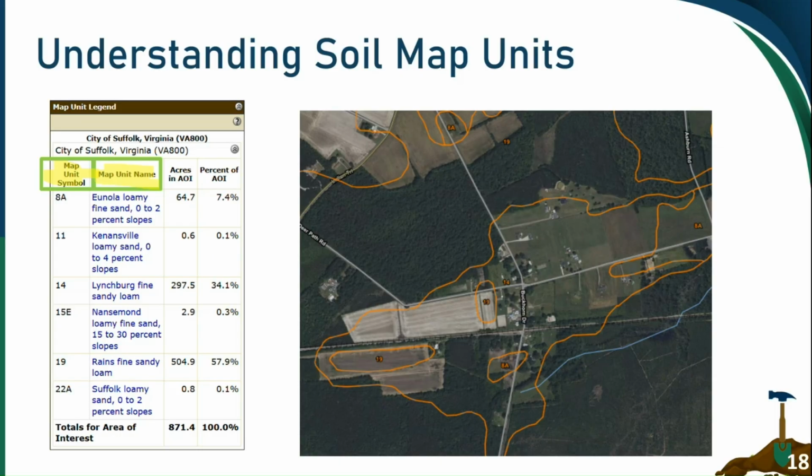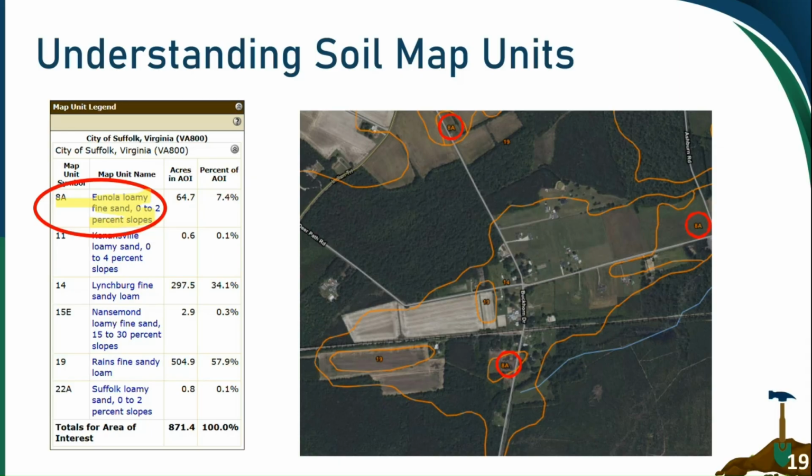All right, so when you see a symbol, like the one I have here, like 8A on a map, it consistently represents the same soil concept inside the City of Suffolk Soil Survey. It is an area that is dominated by a soil called Eunola, loamy fine sand, 0 to 2% slopes.